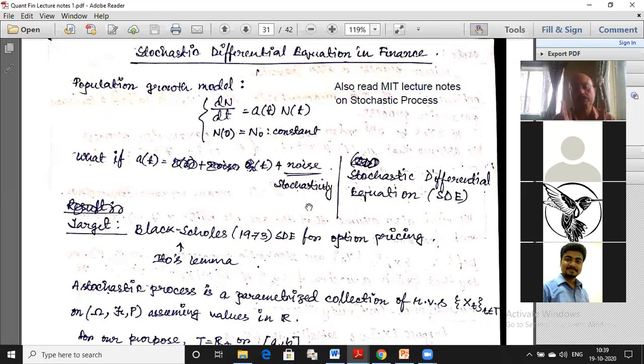But conceptually, this is a differential equation involving a stochastic coefficient. And this is what we call a stochastic differential equation. This is one particular stochastic differential equation which we want to understand, and in the process we will also understand more general facts.